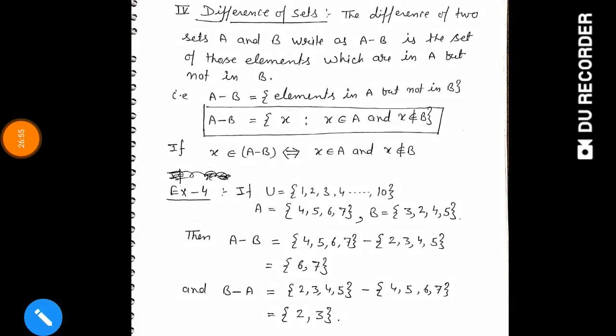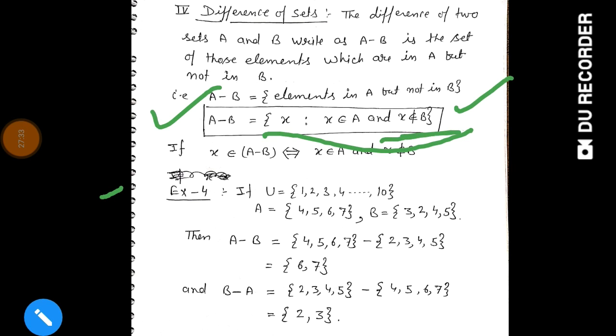Now we come to the next most important definition, difference of sets. Let A and B be two sets. The difference of two sets is denoted by A minus B, and A minus B is the set of those elements which are in A but not in B. Mathematically it can be written as A minus B is equal to elements in A but not in B. In set form, A minus B is equal to {x such that x belongs to A and x does not belong to B}.